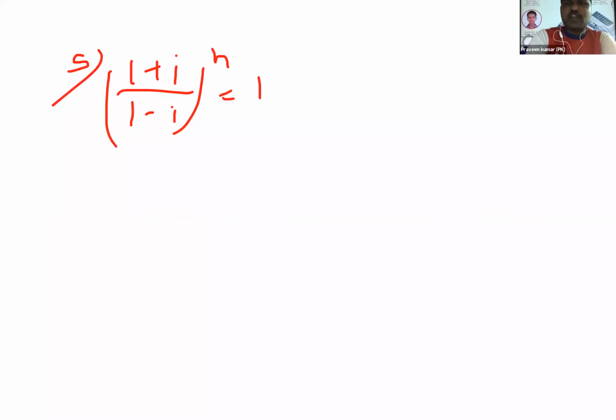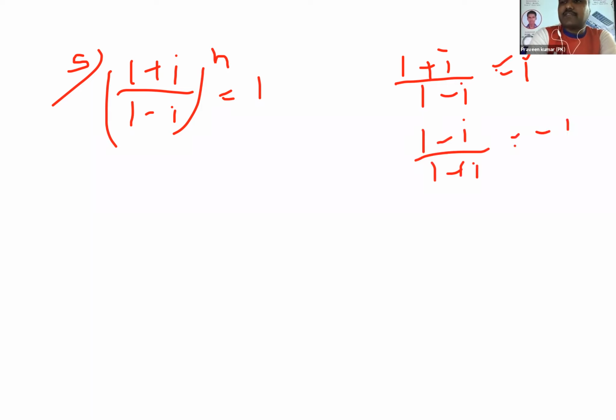I can give one shortcut to you. 1 plus i by 1 minus i means i. Sometimes 1 minus i by 1 plus i, that is minus i. These two are shortcuts. How do you know? 1 plus i by 1 minus i, rationalize: into 1 plus i by 1 plus i.